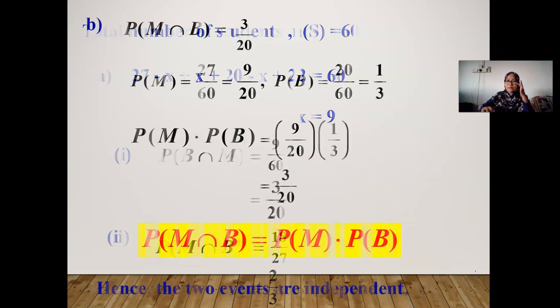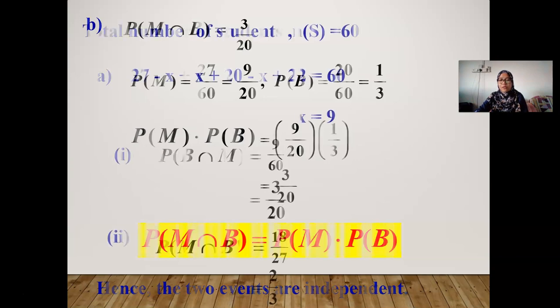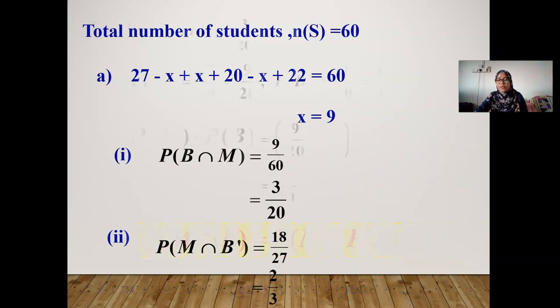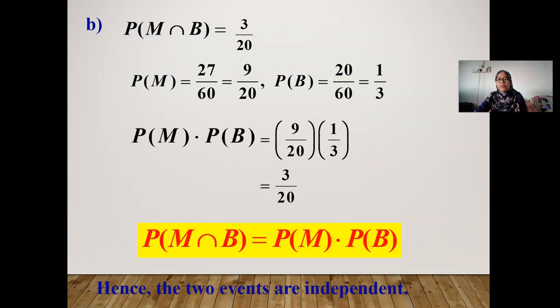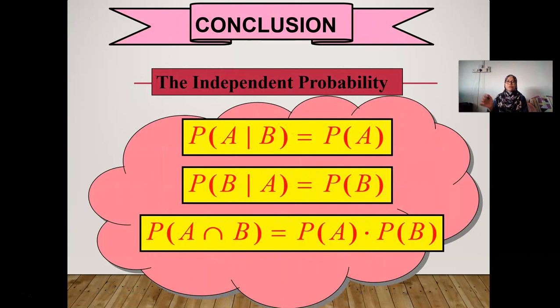Did you get the same answer? It is equal, 3 over 20. That is how we check whether they are independent or not. So this is the conclusion: independent event.